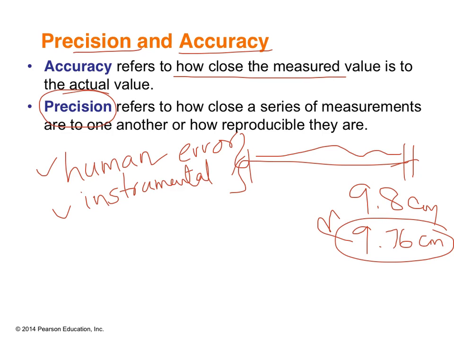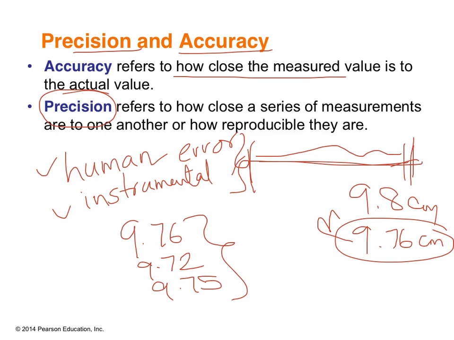Suppose you measure this string 3 times. For statistical purposes, you measure it 3 times. So once you get 9.76, once you get 9.72, and the other time you get 9.75, then your results are precise because they are very close to each other. And they are close to the actual value, so they are accurate as well.